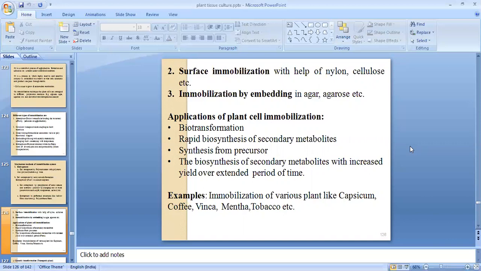Rapid biosynthesis of secondary metabolites can be done, synthesis from precursors can also be done, and biosynthesis of secondary metabolites with increased yield over an extended period of time can be achieved. Here I have given some examples where secondary metabolites can be produced from plant species like capsicum, coffee, vinca, mentha, tobacco, etc.